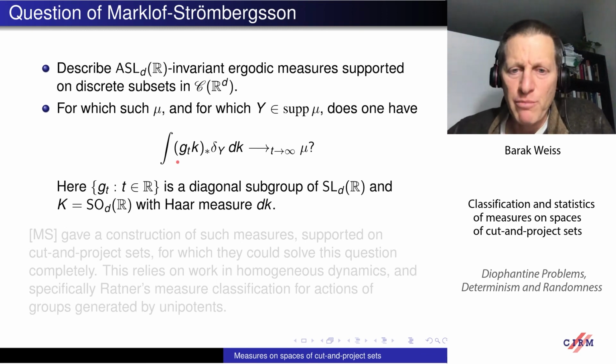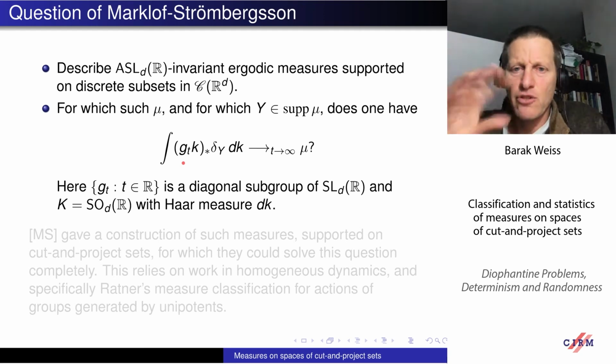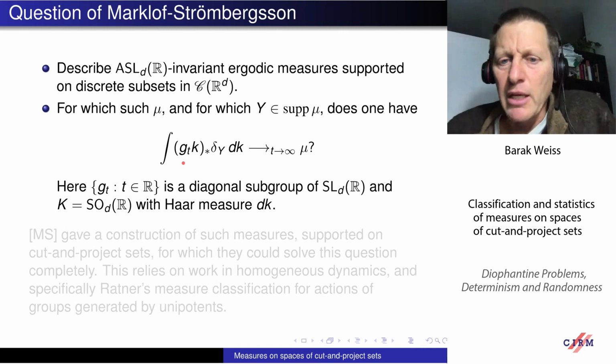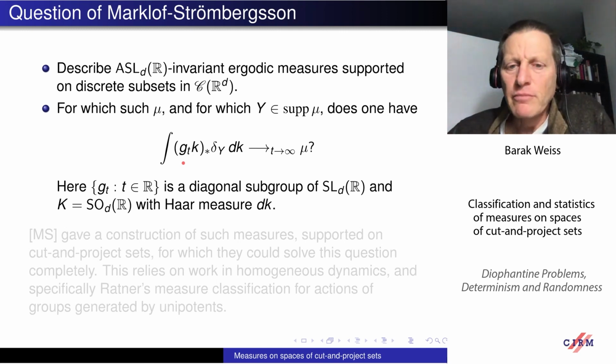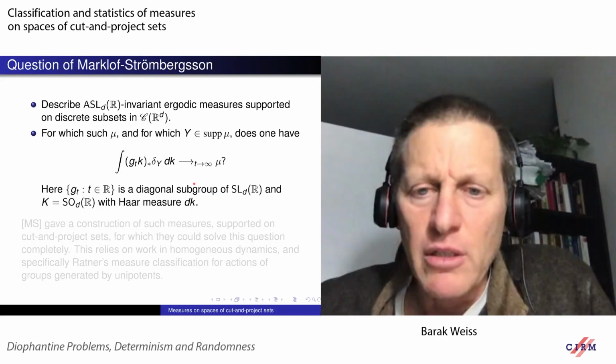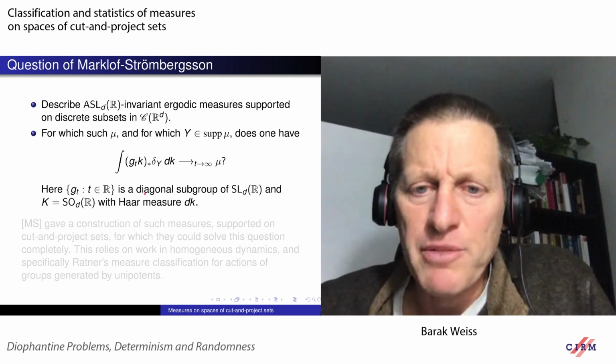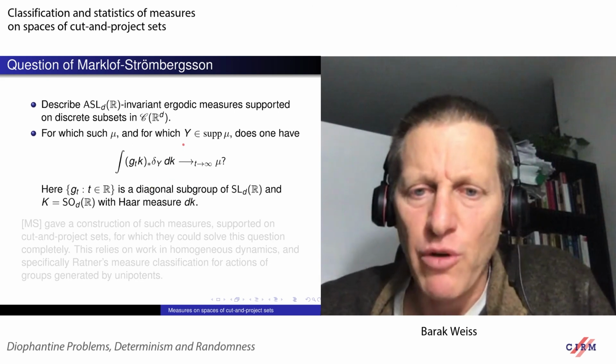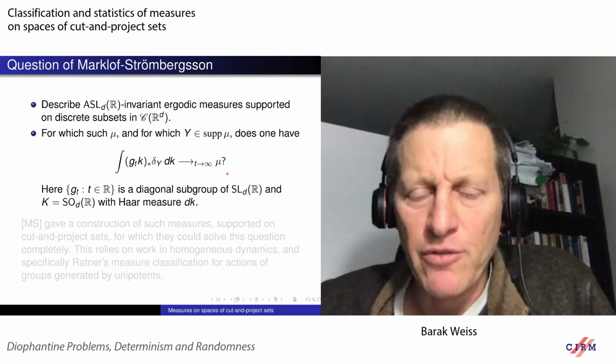And then we push the measure by diagonal matrices. The circular action becomes a kind of long ellipse, and we're sampling the collection of closed subsets by performing this operation on our fixed base point y, and we want to know whether it samples mu fairly.